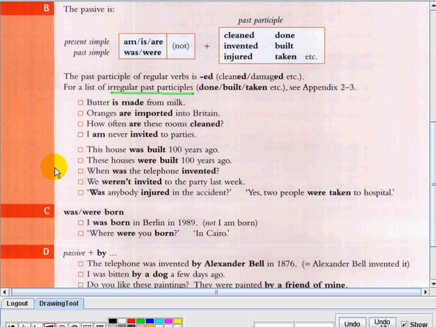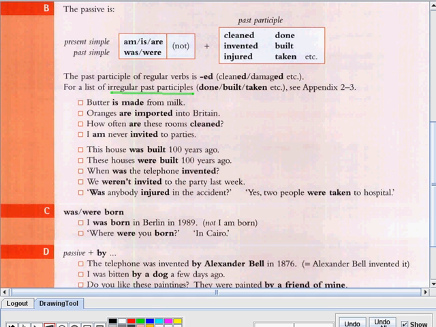Now, I have here examples of passive sentences. Past passive and present passive. Alright? Let's read the example. And you can follow me if you want. Butter is made from milk. This is passive form. When it's in active form, you can say milk makes butter.